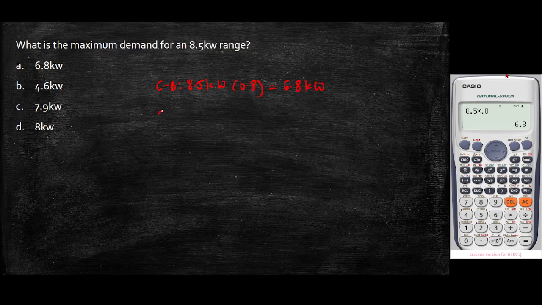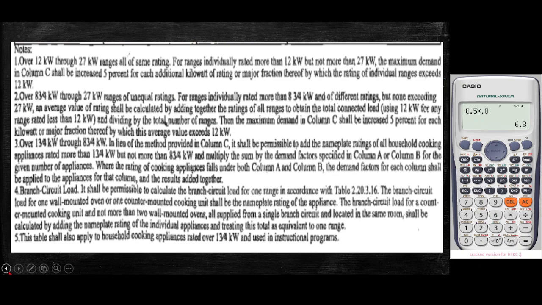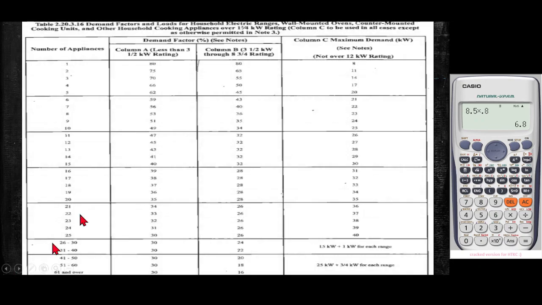If you are going also to use column C, column C, that is 8 kilowatts.